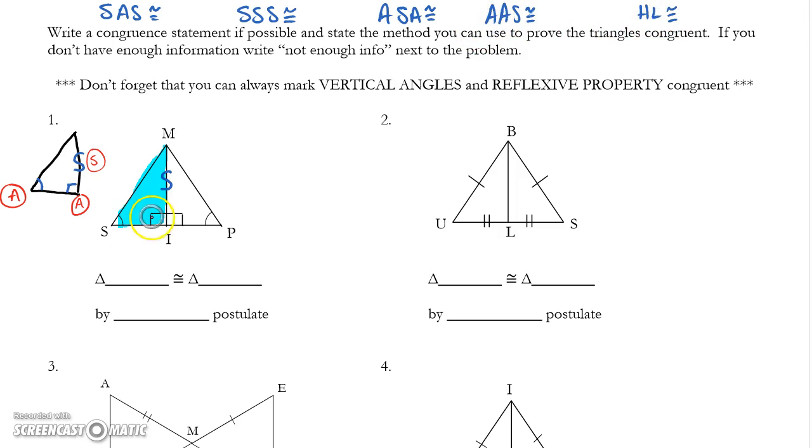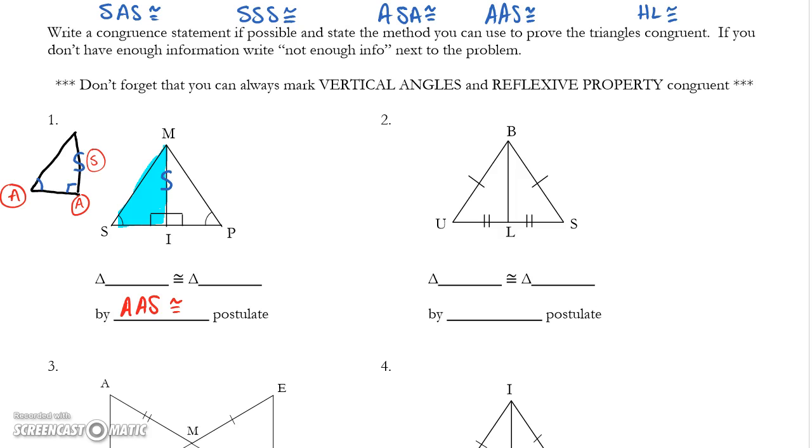Even though I do have right angles, this calls for two sides. So it's a decision that we have to make if we are doing angle side angle or angle angle side. Well, if it's angle side angle, that means the side that touches both is congruent, and we do not have that. So I can go right away and say these are congruent, and it's by angle angle side congruence.